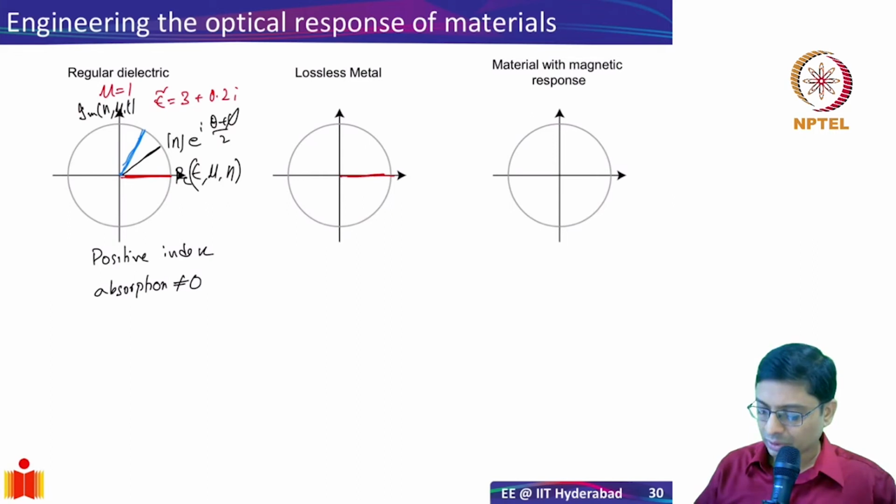So epsilon is going to be some minus epsilon 1. There's no imaginary term, so on the y-axis it's going to be 0. This should be the epsilon. When I have an epsilon like this and a mu like this, what will be my refractive index? I can have a 0 refractive index. This is my n, right?